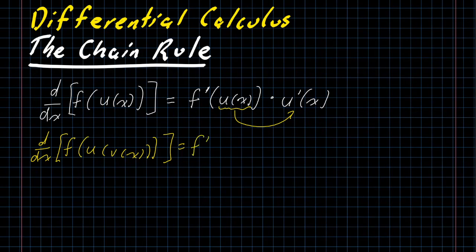F prime of u of v of x times the derivative of the stuff inside, which is itself a composition, so we use the chain rule there. U prime of v of x times v prime of x, and so on and so on.